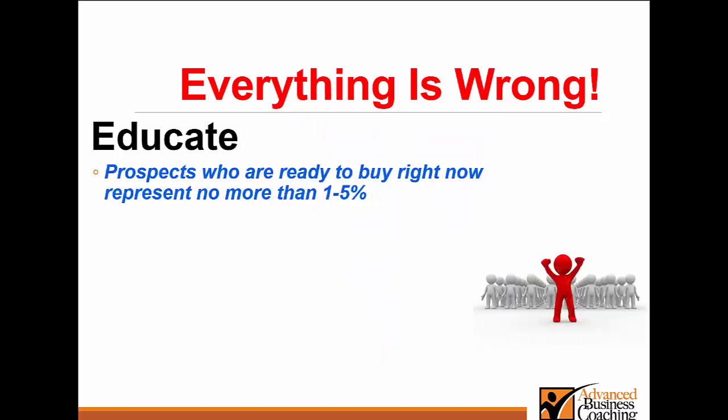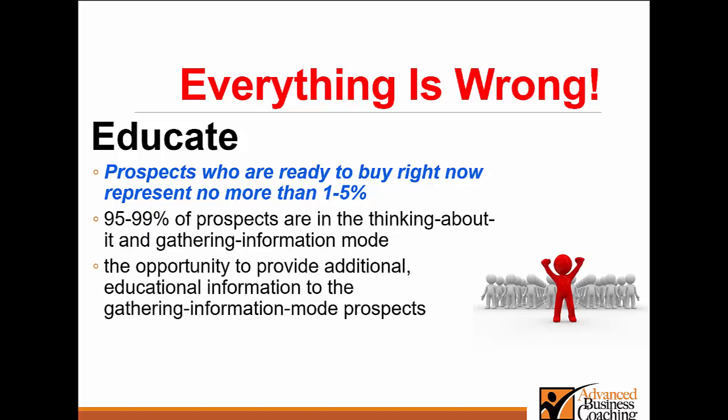At any given moment, the number of prospects who are ready to buy right now represent no more than 1 to 5% of all of those who are ultimately going to buy what you have to sell. You've got 95 to 99% of your prospects who are in the thinking about it and information gathering stage. But when they're attempting to gather information, we don't give it to them.